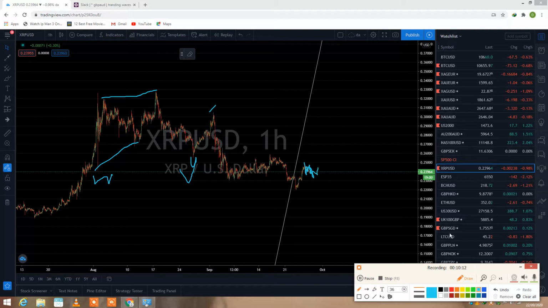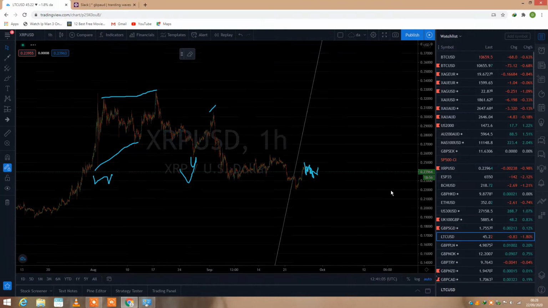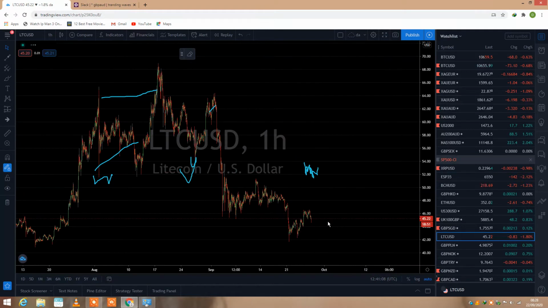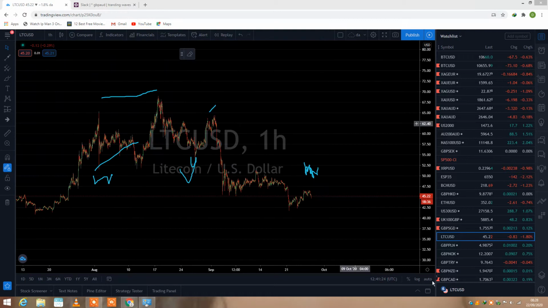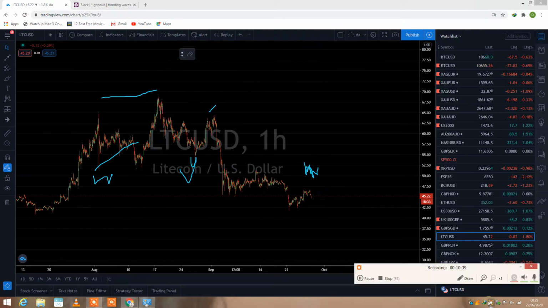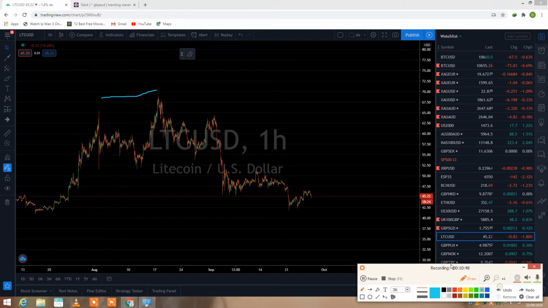All right, let's check Litecoin. On the Litecoin, the structure is actually similar to the Bitcoin and the Ripple, but on the Litecoin it seems we have a different structure compared to the other cryptos.